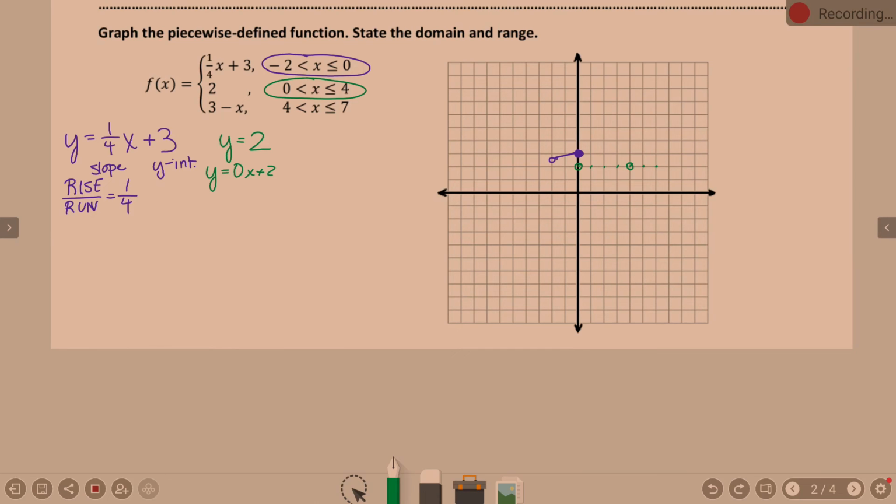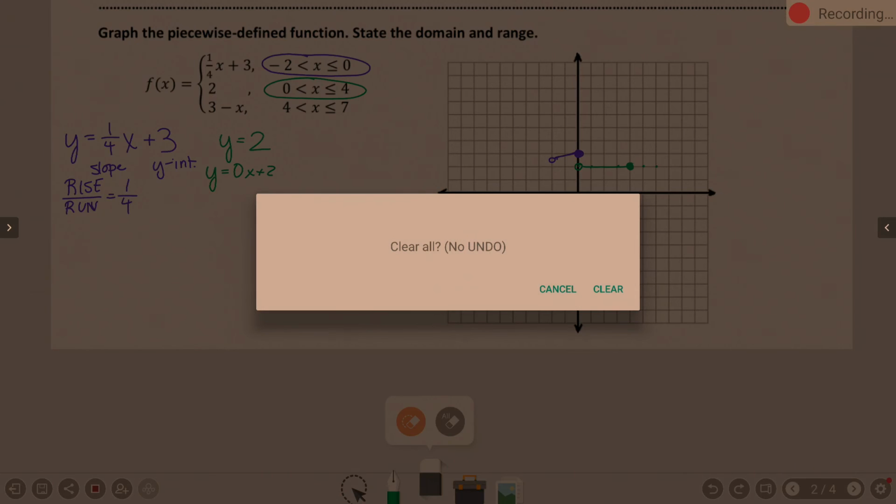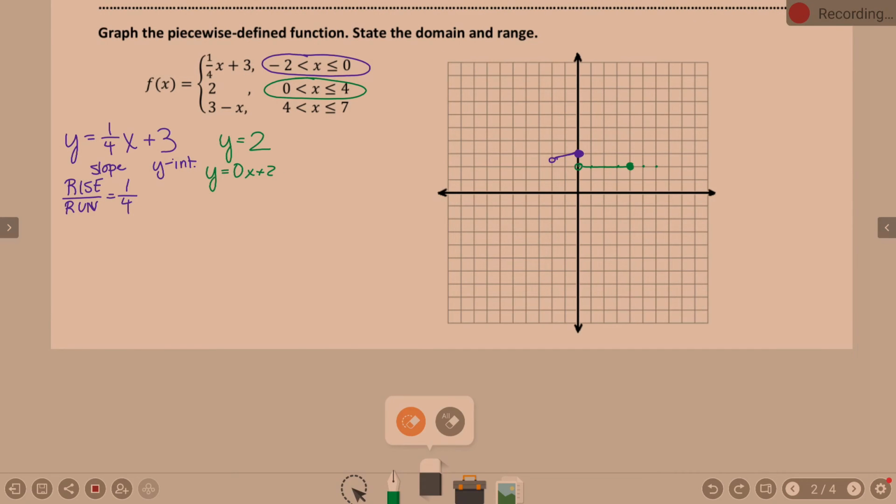What do I do now? You connect them. We're going to connect them. And then you color in. Am I going to color anything in? It says equal to 4, so we're going to color that one in. We're going to leave the other one open. And I'm going to get rid of those 2 extra little points.